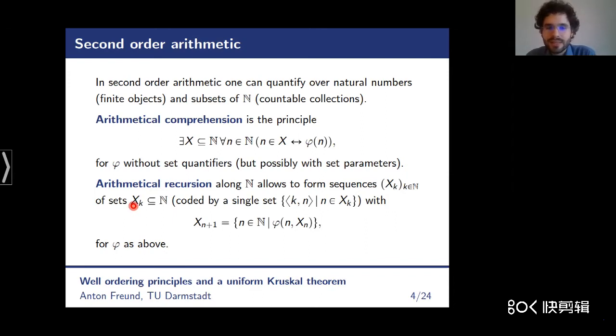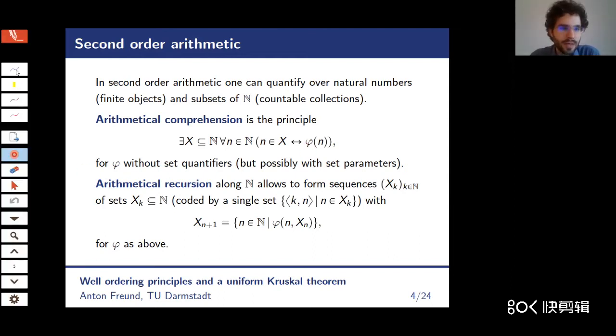And this principle says that whenever you have a formula phi without set quantifiers, so by that I mean it does not quantify over these subsets of N, it can only quantify over finite objects. Such a formula is called arithmetical, and arithmetical comprehension says that for any of these formulas, there is an X such that the set X consists precisely of those n that satisfy phi.